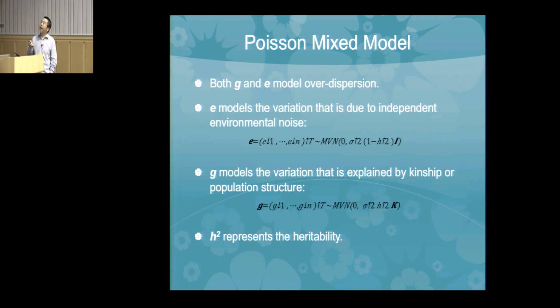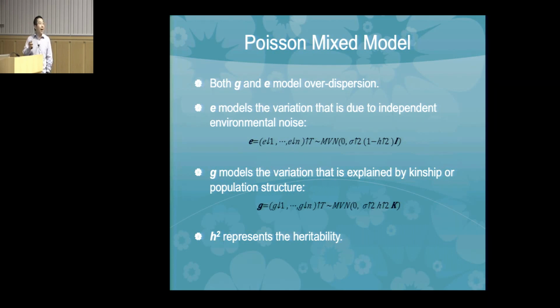Intuitively, if individual i and individual j are genetically related, or come from the same batch, then this K sub ij is going to be large and positive. When K sub ij is large and positive, it will introduce similarity between G sub i and G sub j.